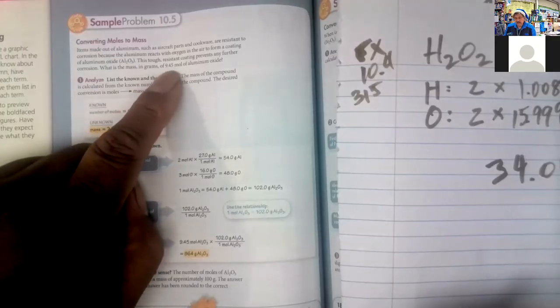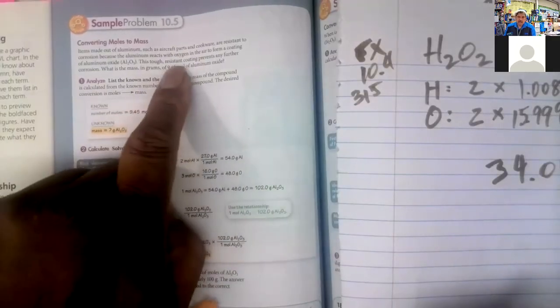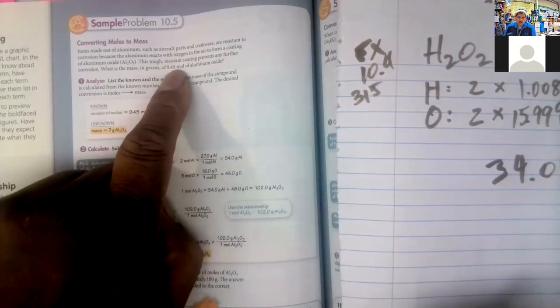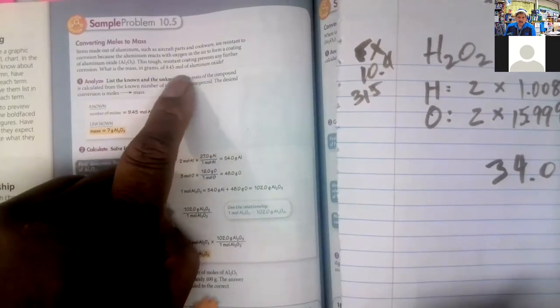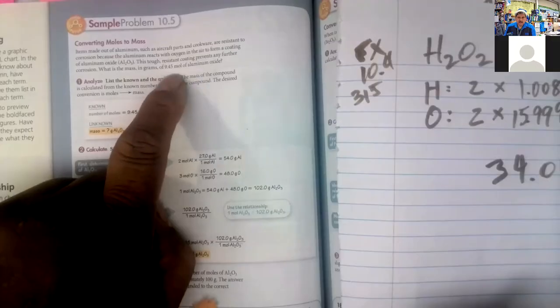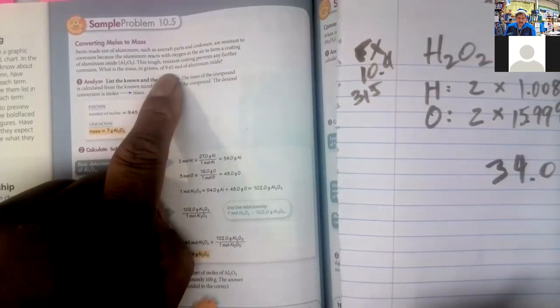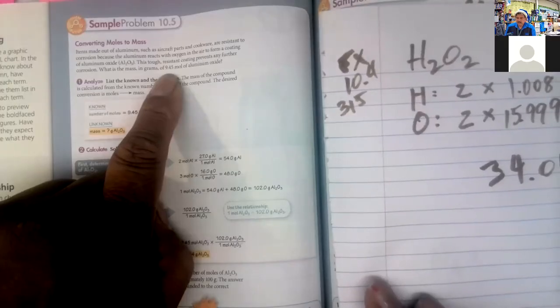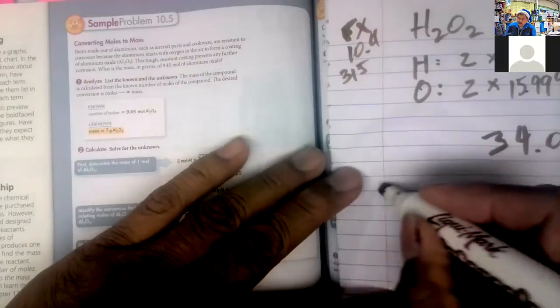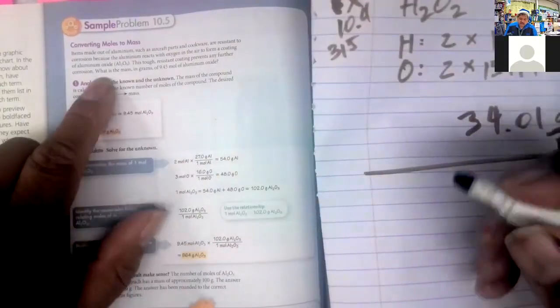Well, what we have to do first is figure out how much 1 mole of aluminum oxide weighs. And then we're going to take that and multiply it times 9.45. Well, how do we figure out how much 1 mole weighs? It's a molar mass, and we just did that. So this will be a good way to review what we just did.